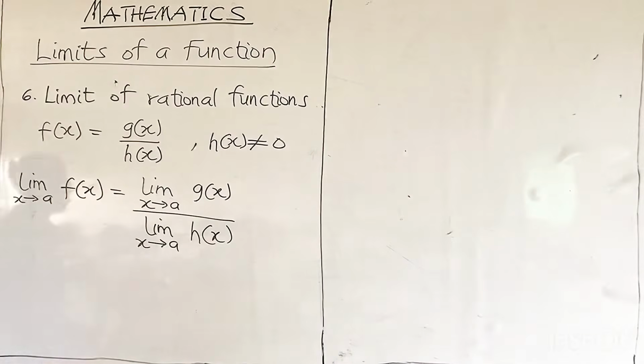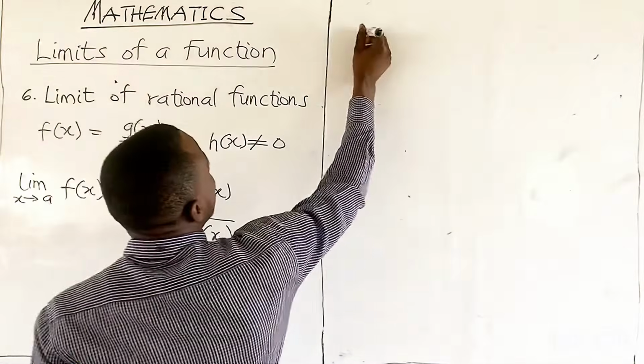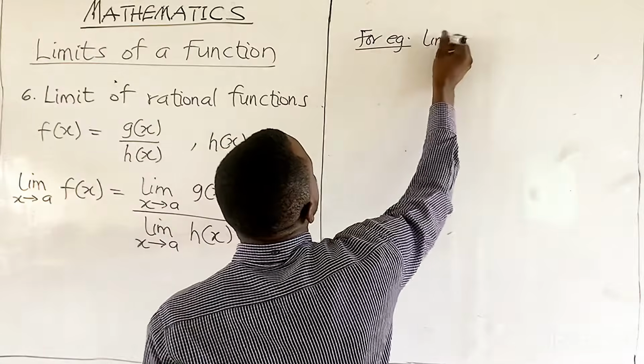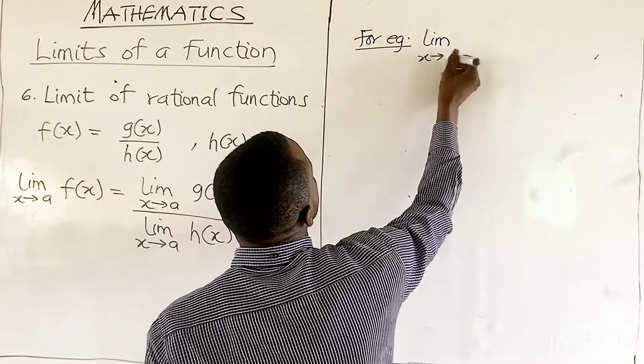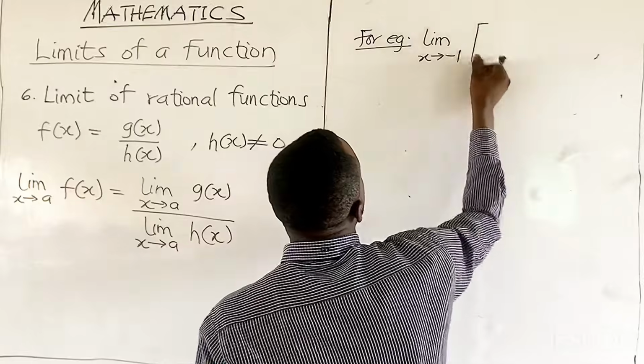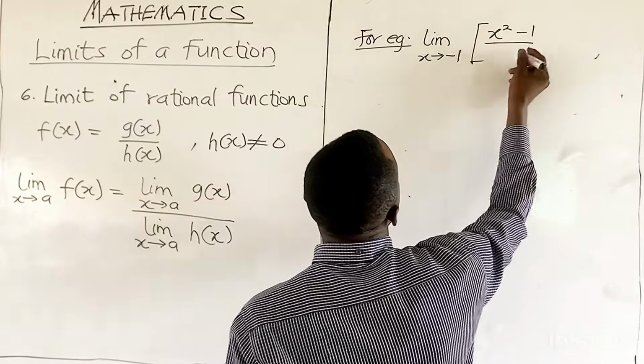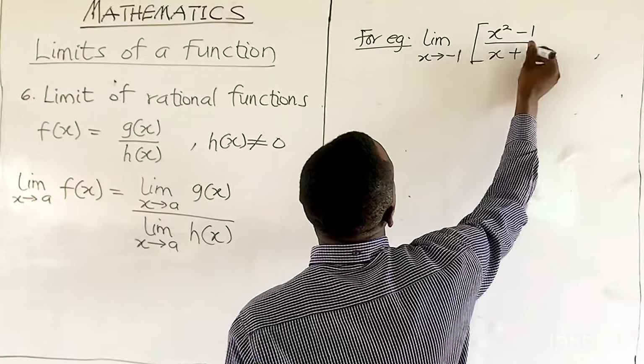So quickly, let's look at some examples. For example, limit as x approaches -1, in a big bracket we have x squared minus 1 all over x plus 1.